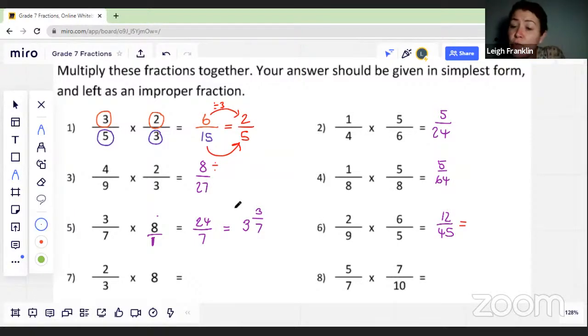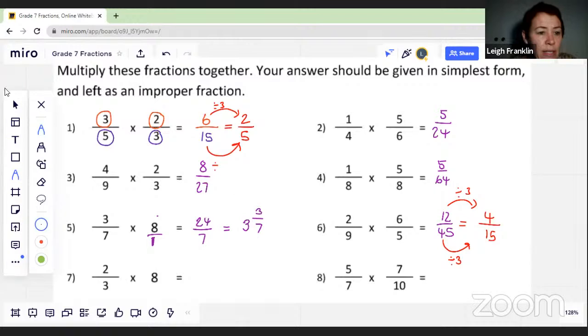So I can divide by 3 at the top. 12 divided by 3 is going to leave us with? 4. Indeed. Good. And we can do the same thing at the bottom. 45, and we can divide it by 3, and that's going to leave us with? 15, ma'am. Good, well done. Okay, and Mapalo put that in the chat too. Okay, good job, well done.